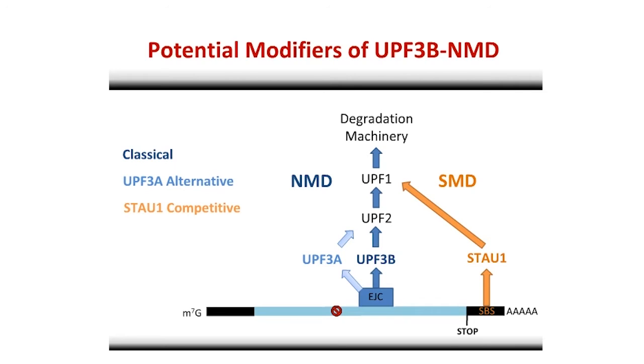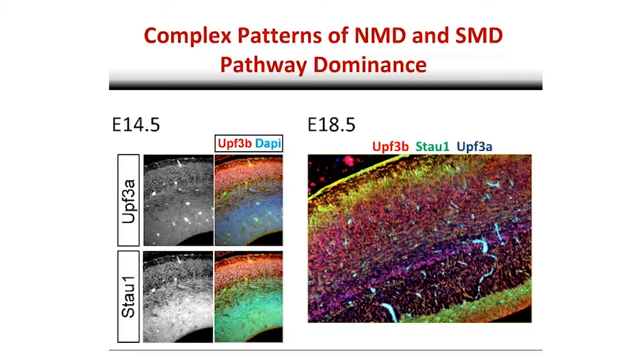So whilst we wanted to have a look at UPF3B expression, we also were aware that the output of the NMD pathway would be a function not only of UPF3B expression, but also of Staufen-1 and UPF3A. And so when we stained the developing brain with antibodies towards these proteins, we saw definitely that there was evidence that these different pathways were acting in a dominant or passenger way in the cells.